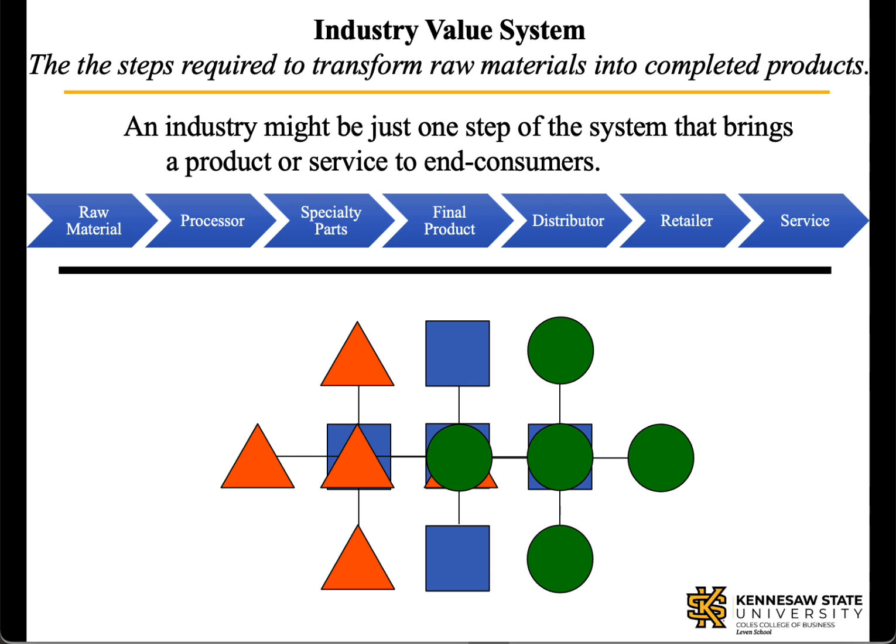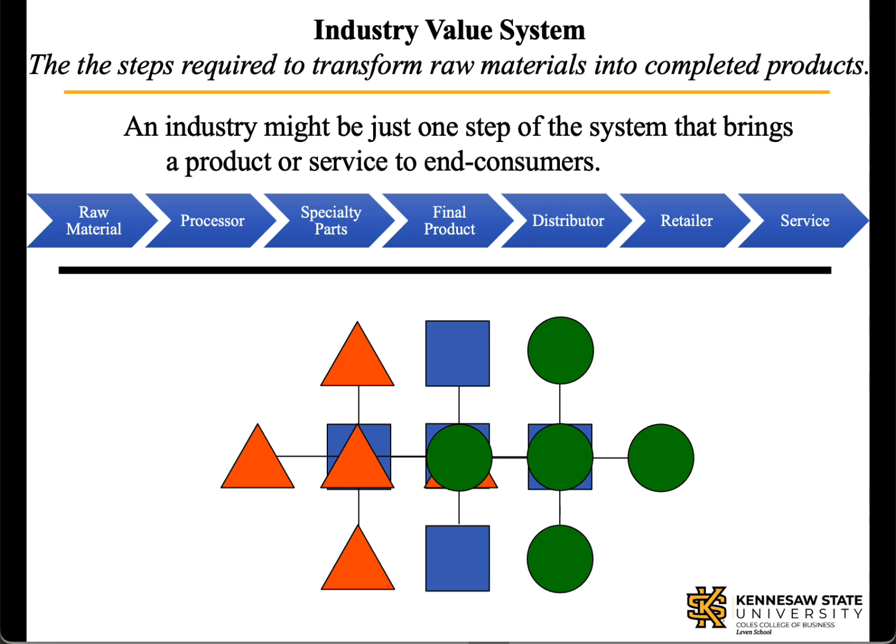One last point here. Just about every industry is a single step in a long system of activities that turns raw materials or basic human expertise into products and services that are consumed by customers. Each one of those steps could be called an industry on its own. And we can describe those interactions in terms of the five forces model by noting that industries overlap with one another.